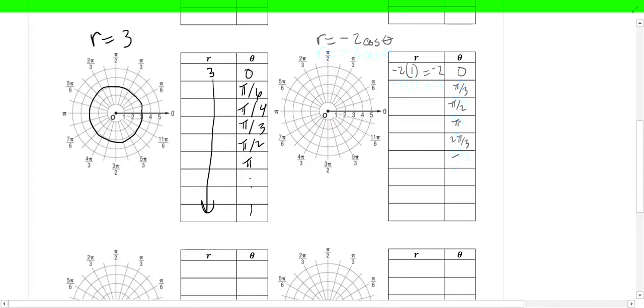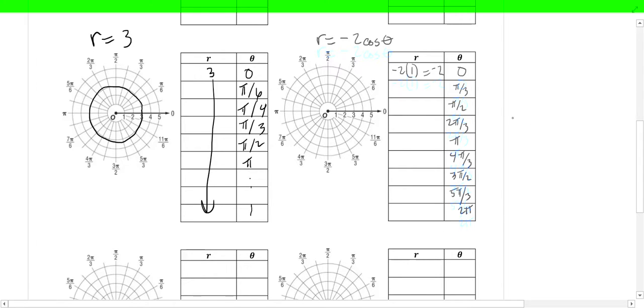That should have been 2 pi over 3 right there. 2 pi over 3, pi, that's better. And then 4 pi over 3, and then 3 pi over 2, and then 5 pi over 3 and 2 pi, and I just want you to see what happens when we do this in the tables.